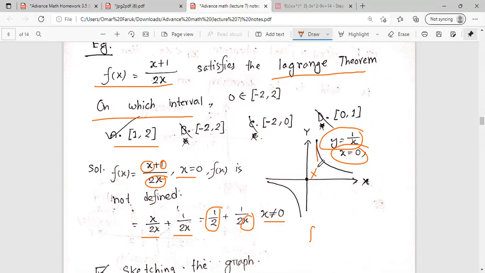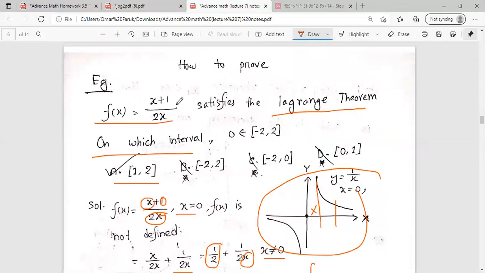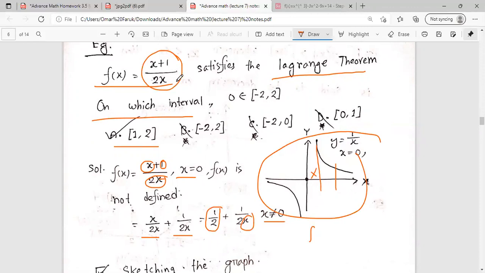So guys, you see here, this function looks like this way, okay? Because f of x is equal to x plus 1 by 2x. So if we just break down this function, it will become 1 by 2 plus 1 by 2x.